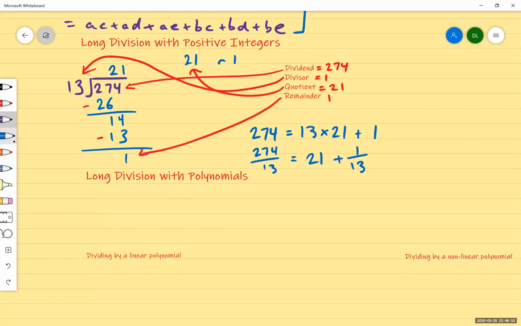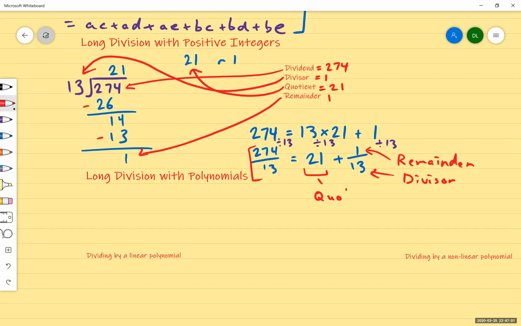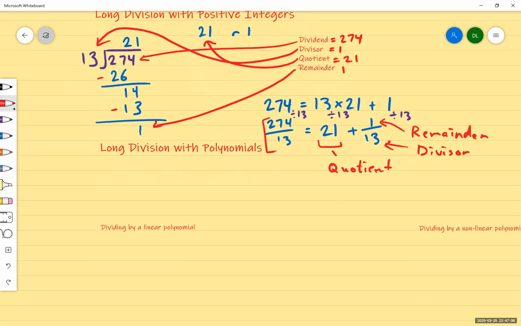All I've done is divide by 13 every time. So you can see here, we've got the division, and then I've got my answer, the remainder up here, and then my divisor, this one being my quotient. Lovely. Now let's apply that same understanding for our long division of polynomials.